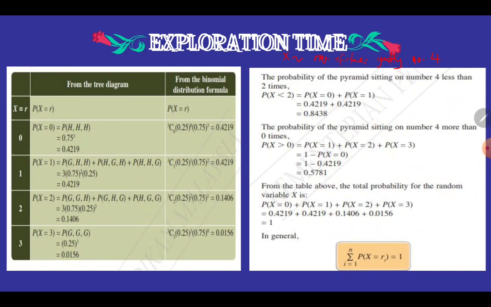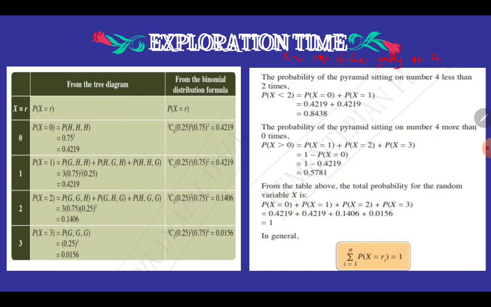What does x equals 1 mean? It means getting number 4 once. X equals 0 means not getting number 4. So we have the values here and we just add up. We have 0.8438 as the probability of getting number 4 less than 2 times.